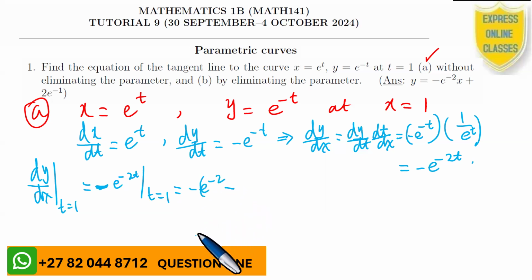Substitute the t by 1, and you get minus e to the minus 2.